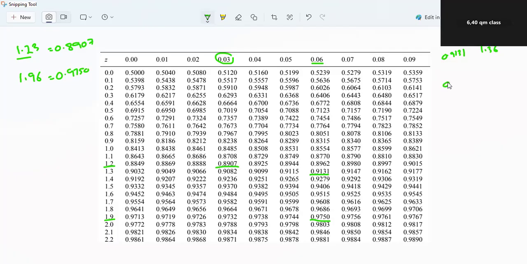Sometimes you may not find the exact figure, but you get the closest possible figure. So for 0.9800, what we do is look here at 0.9800. Here we have 0.9803, and here 0.9798.